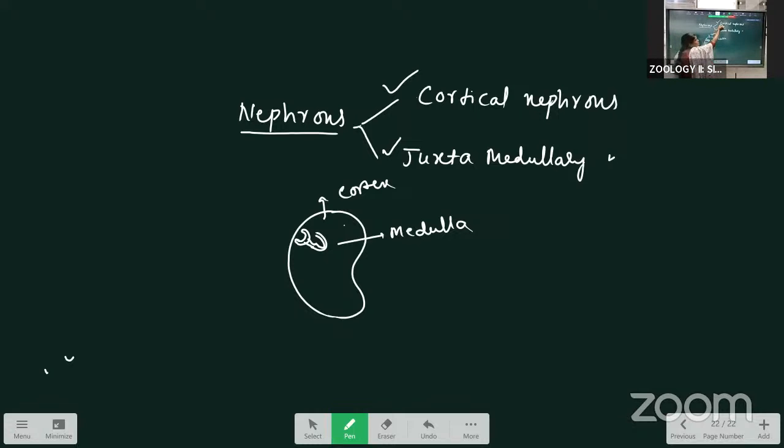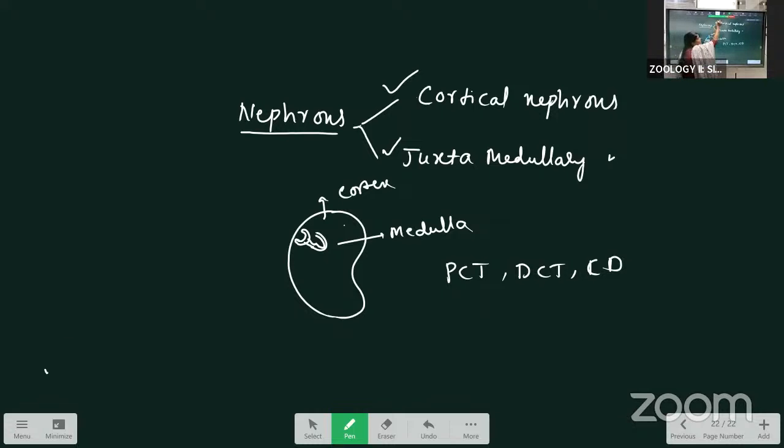Normally, in all the cortical nephrons and juxtamedullary nephrons, the PCT, DCT and the collecting duct, meaning the collecting tubule, are present inside of the cortex.